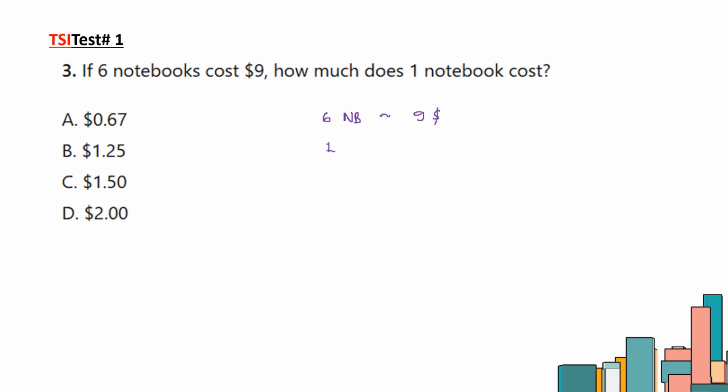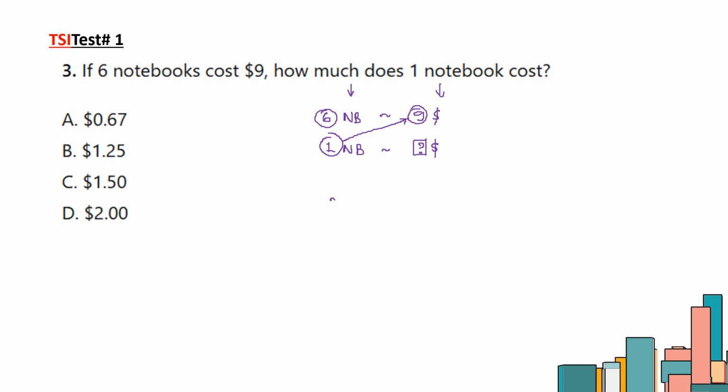Now they ask about one notebook. You see, I write the columns with the same unit. Now one notebook is how much? So this is the question mark. With the 3 given numbers, we can do the cross multiply that way.